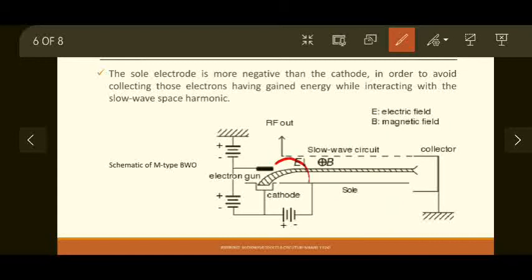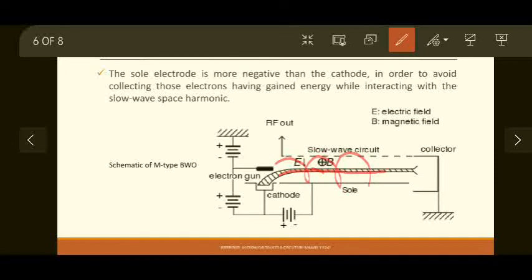So those electrons which are entering this slow wave structure see a decelerating field. There will be two types of fields: one field will be accelerating the electrons and another field will be decelerating the electrons. So those electrons which enter the decelerating field will lose energy and travel along this particular structure.